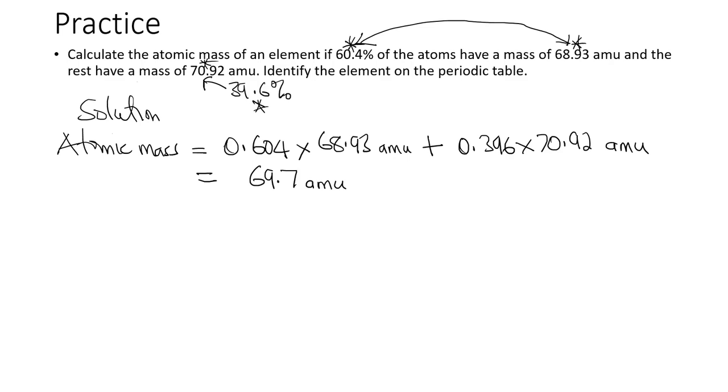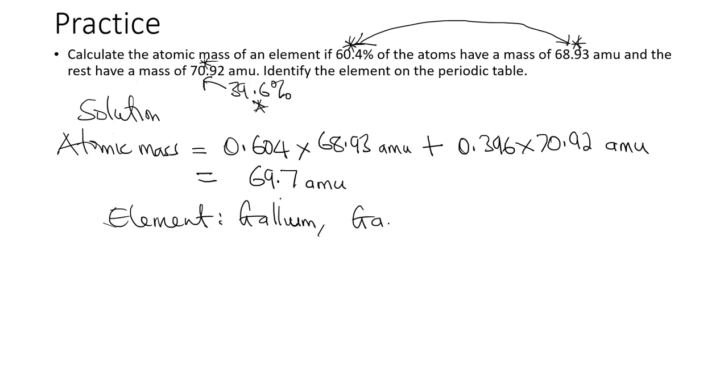So the next question is identify the element. If you go on the periodic table, the element with atomic mass 69.7 atomic mass units is gallium, which has the symbol Ga. So that's how we use this information.